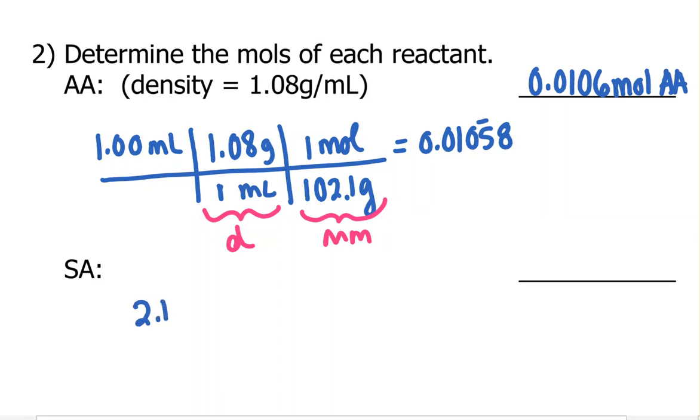Salicylic acid is a little faster because we have grams of salicylic acid.